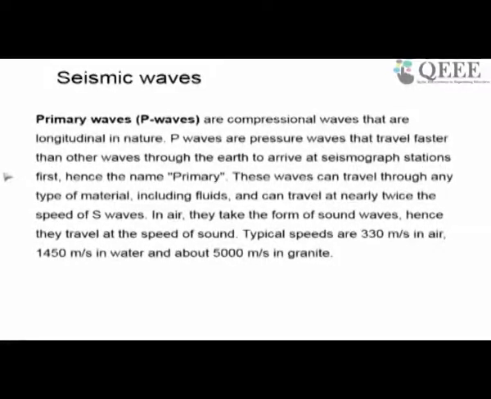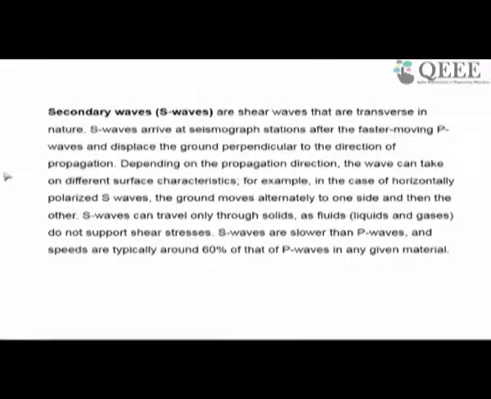So as you can see, the P wave velocity is drastically different in different media, which information is very useful to characterize the ground. In water it has a speed of 1450, and in solid rock like granite, the speed is 5000. So obviously, if you have a different material, we will have a different velocity of seismic waves. That information will be helpful to characterize.